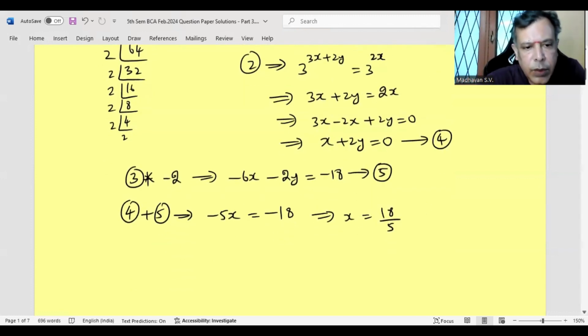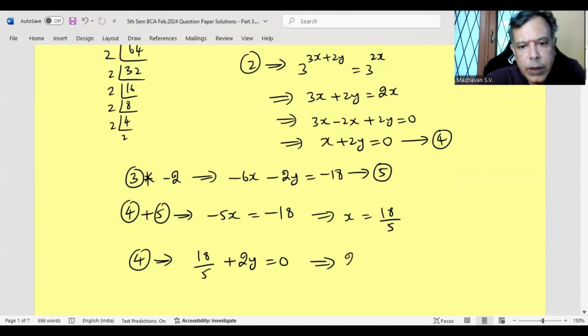Now we can find out y by substitution. 18 by 5 plus 2y equal to 0, which means 2y is equal to negative 18 by 5, or y is negative 18 by 2 into 5.